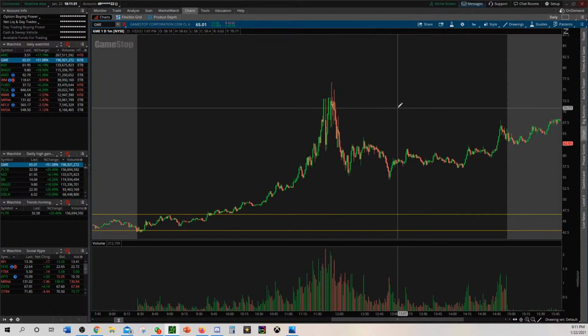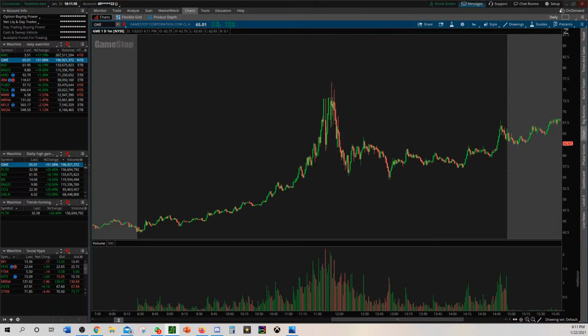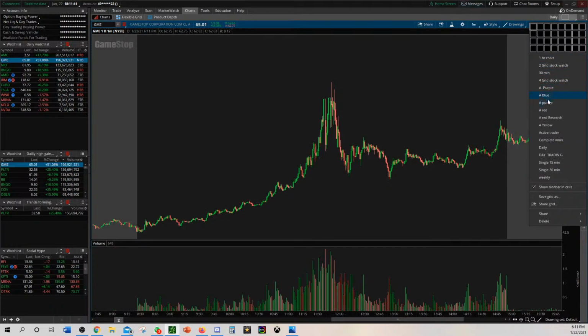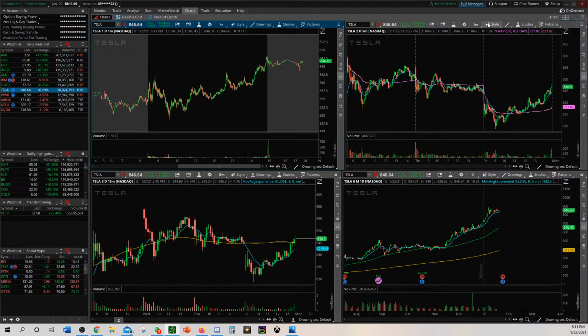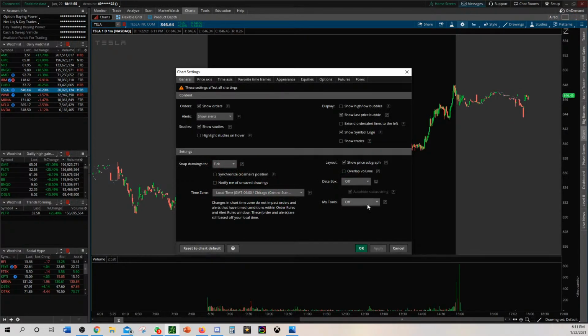Okay, so now the second one is how to have clean charts. Actually I already went over it, but I'll go over it more cleanly here. Let me see if I can make it dirty, so then I can clean it.